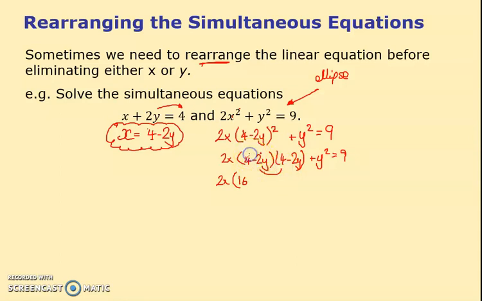You get this same thing twice. So I get that one and this one. So I reckon it's minus 16y, and minus 2y times minus 2y, be careful, plus 4y squared, plus another y squared, equals 9. Multiply everything out, get rid of the brackets. 32 minus 32y plus 8y squared, plus another y squared equals 9.